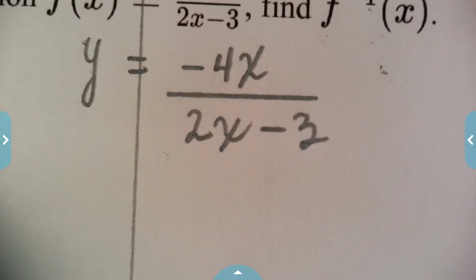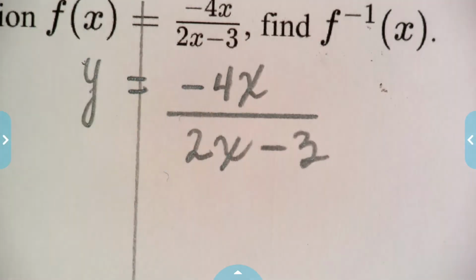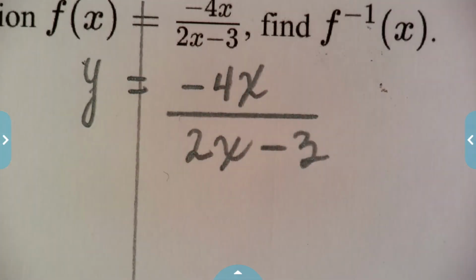Now we do the same thing we did before. Swap the x and the y. So everywhere I see a y, I'm going to put an x. Everywhere I see an x, I'm going to put a y.